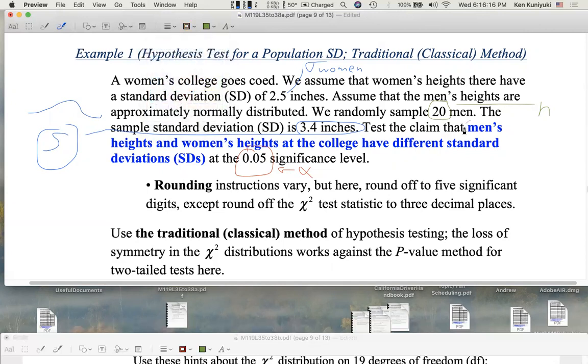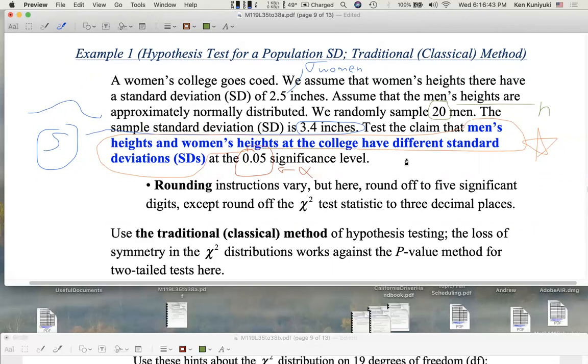Okay, test the claim that men's heights and women's heights at the college have different standard deviations. I'll star it. So that on a final exam, if a student's really running out of time and doesn't have the time to write this out, I might tell the student, you know what, do this. Circle it, star, do a copy paste idea. If you're rushing, right, there's like 10 seconds left in the test.